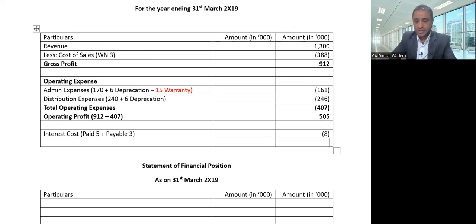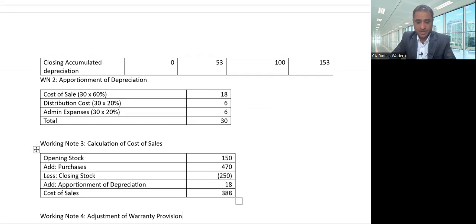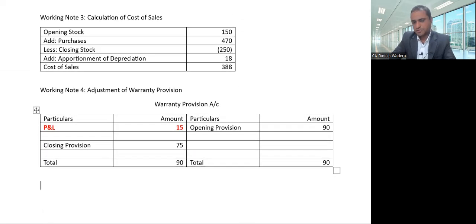So you will have to make a note of that. If you don't make that is also fine, but let's call it as a working note 5. Annual interest cost. You can better if you put it in a table.